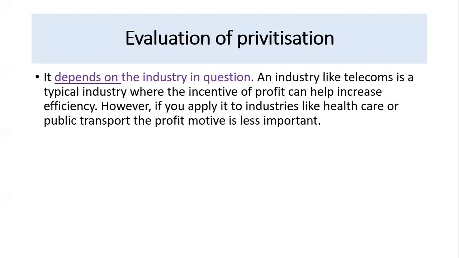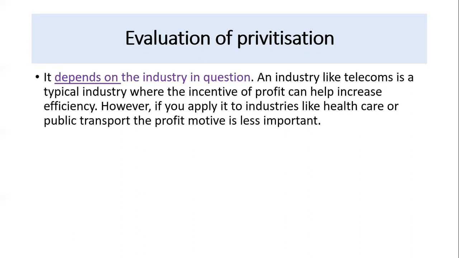If you think about it, if TfL, Transport for London, had the incentive to make or maximize profits, you would have to pay a very heavy price to get to and from school every day. The government realized that, particularly in London, a large number of school children use buses to get to and from school.